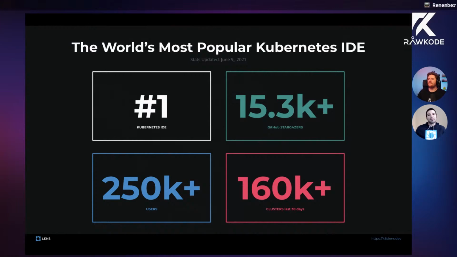We could not be at this pace and at this level of GitHub stargazers without the amazing cloud native ecosystem and the community that we're all within. We also have 250,000 users that are using the tool itself, and we have roughly 80,000 people using it daily. And we've seen over 160,000 different clusters in the last 30 days, and we always have some telemetry to be able to tell us what type of clusters people are using.